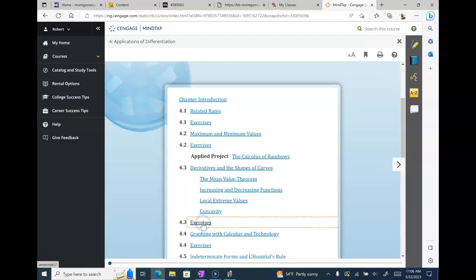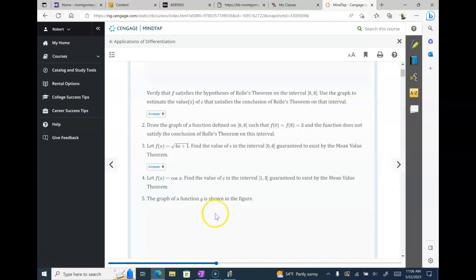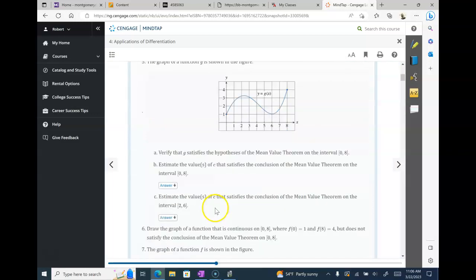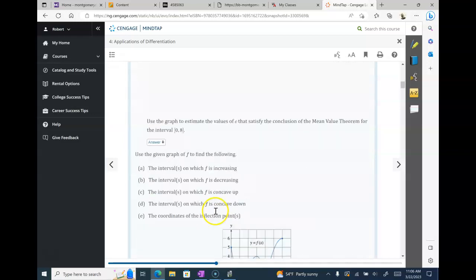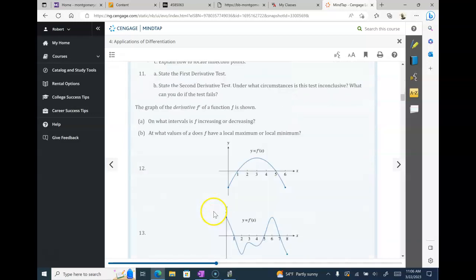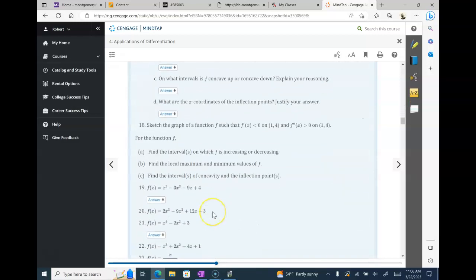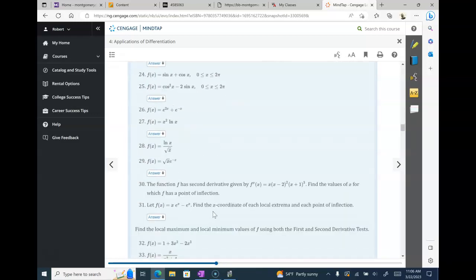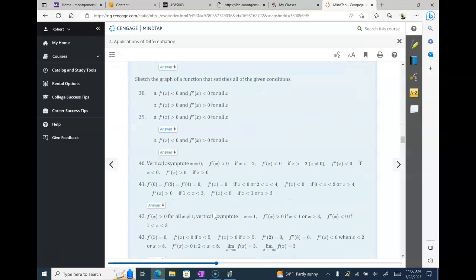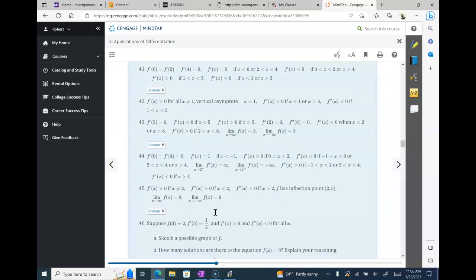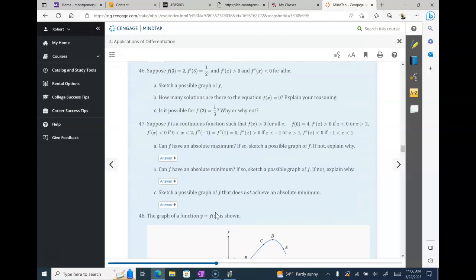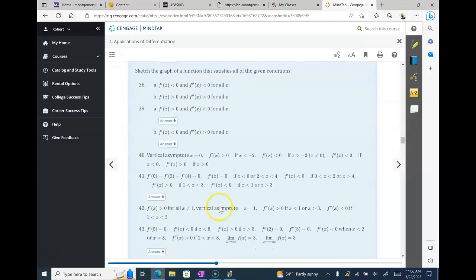4.3 exercises. So I like 19 to 45, that's pretty good.